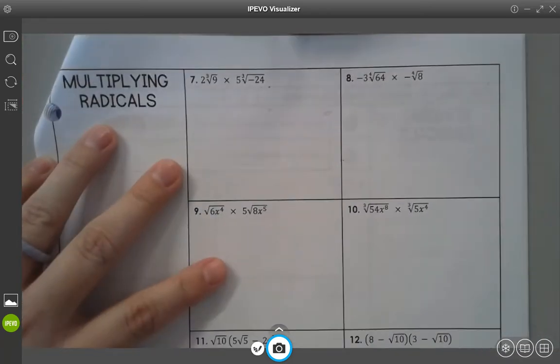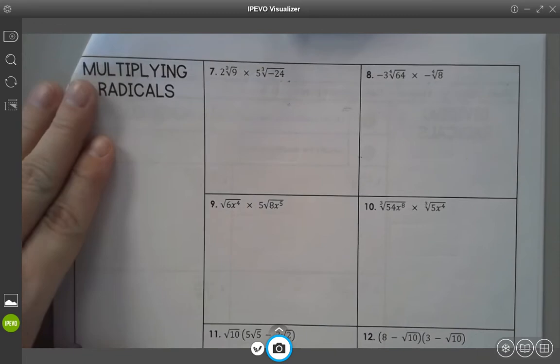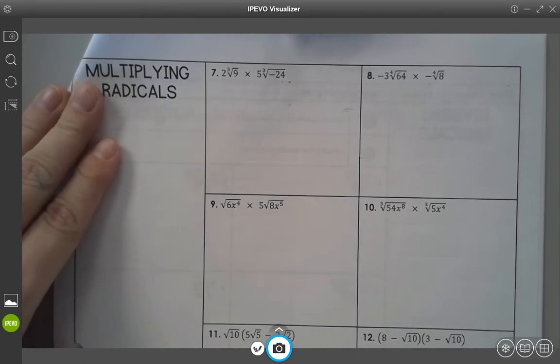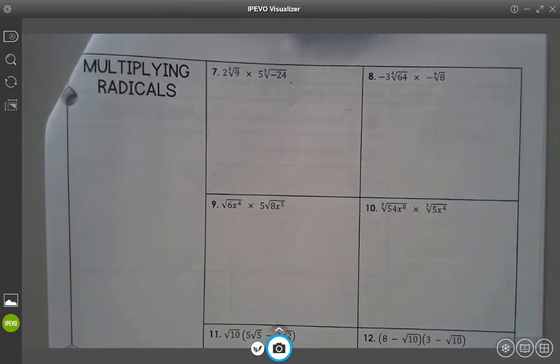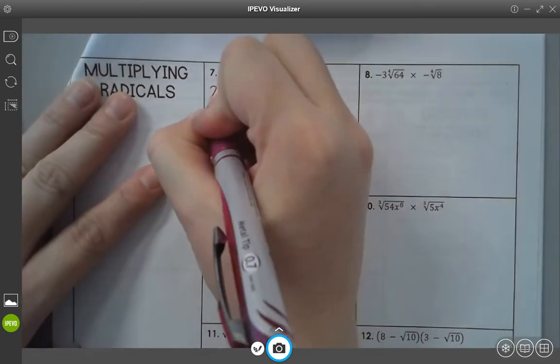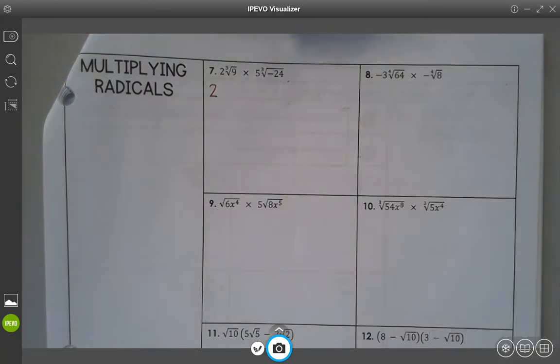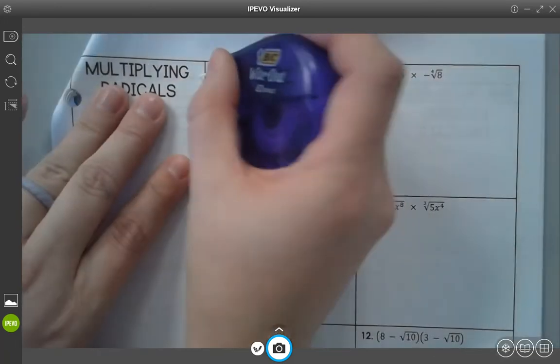So number 7, here we're working with cube roots. So just always be aware and be looking for what your index is, because that's something that'll trick you if you're not paying attention. So this is 2 times 5. I didn't need to write that 2 yet. 2 times 5 is 10.